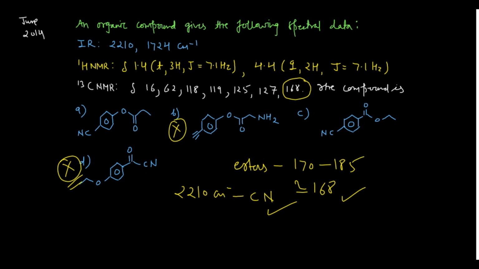If you have NH2 in your compound, it has a different frequency, not chemical shift, very sorry. This NH2 has a frequency near 3200, and this 3200 centimeter inverse is not there, so you can discard this one. So either option A or option C, one of these two is correct.